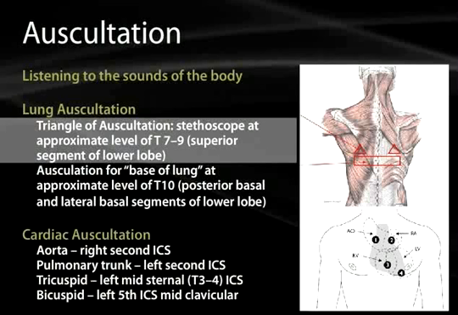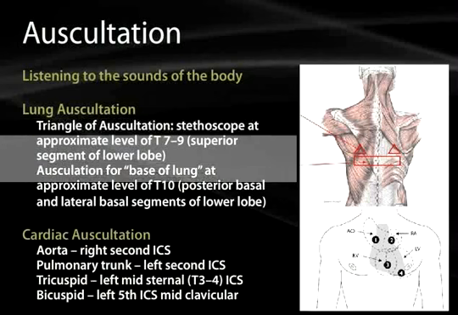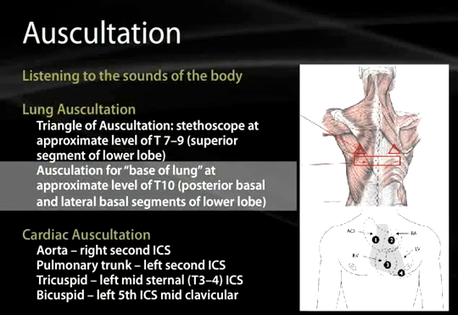So with very little muscle in the way, you can actually get a very good sound from the superior lobe. When you think about auscultation for the base of the lung, you're thinking about the level of T10, as we discussed earlier, because that's going to be the base of the lung itself along that lobe.